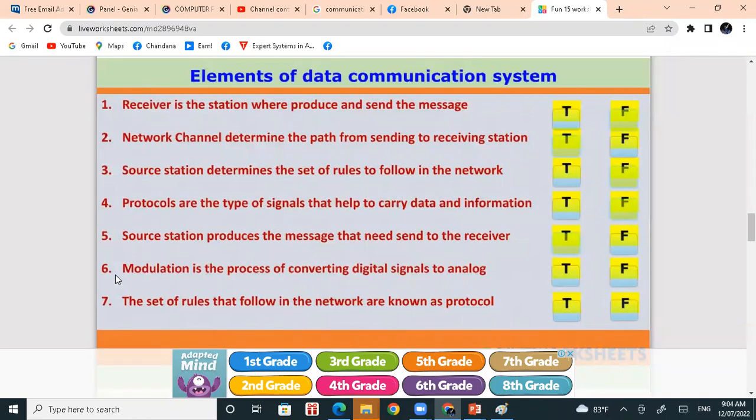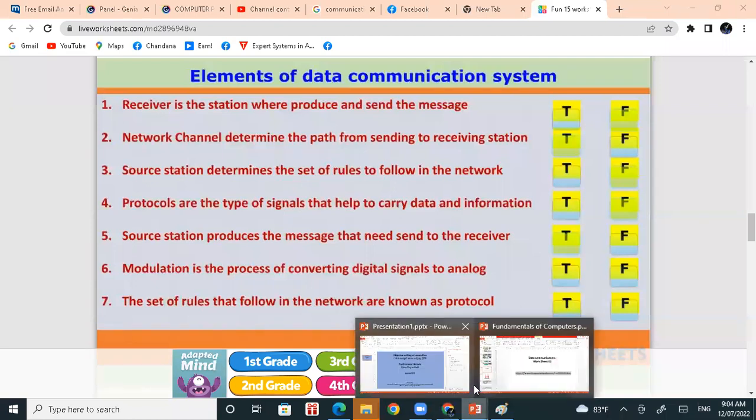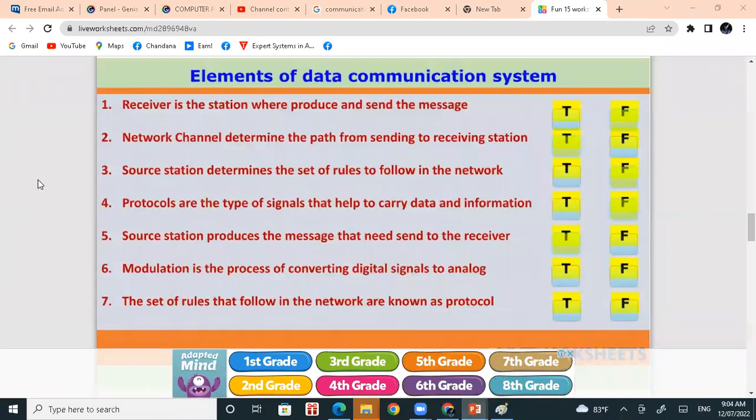Right. Then next one: modulation is the process of converting digital signals to analog signals. True or false? Then go to that slide.